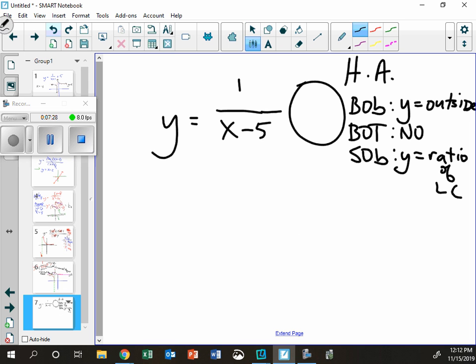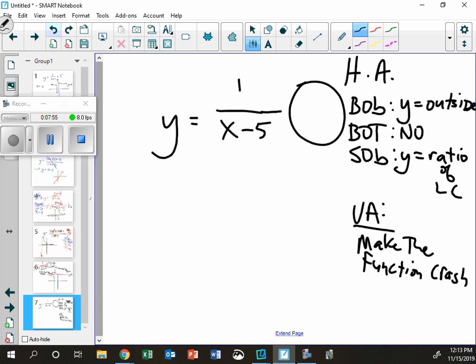Okay, so those are the rules for horizontal asymptotes. Why don't we, on the same page, make the rules for vertical asymptotes? The vertical asymptotes make the function crash.